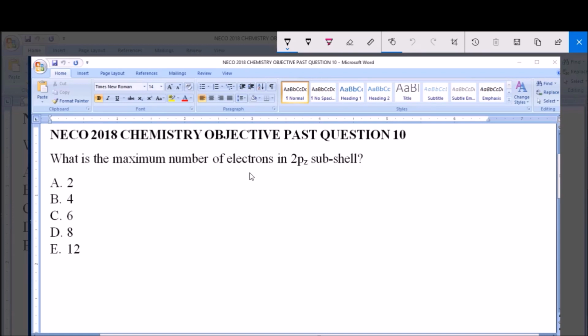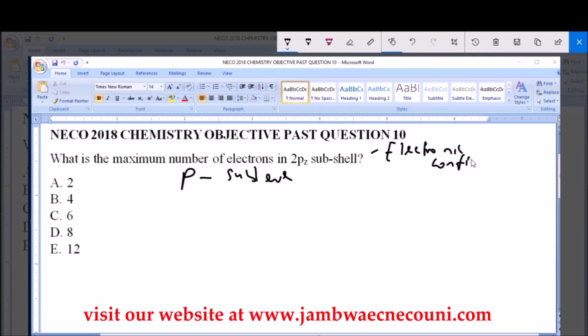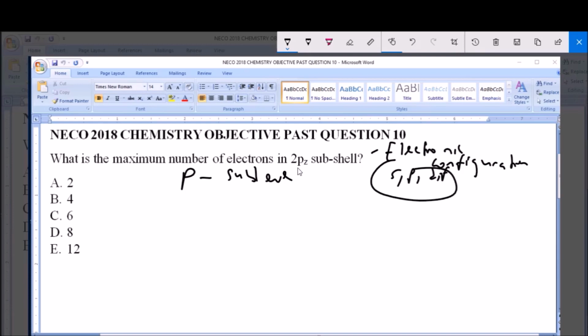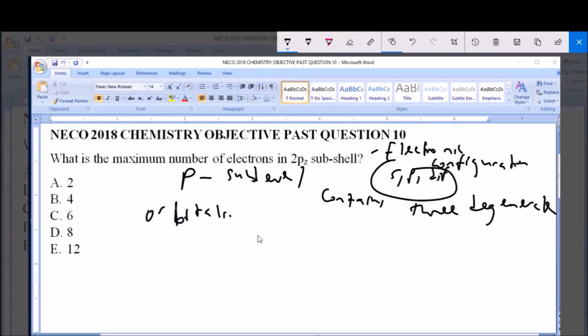Now, the P sublevel, when you are talking about electronic configuration, using the SPDF levels. So the P sublevel contains what is known as three degenerate orbitals, and those three degenerate orbitals are the px, the py, and the pz.